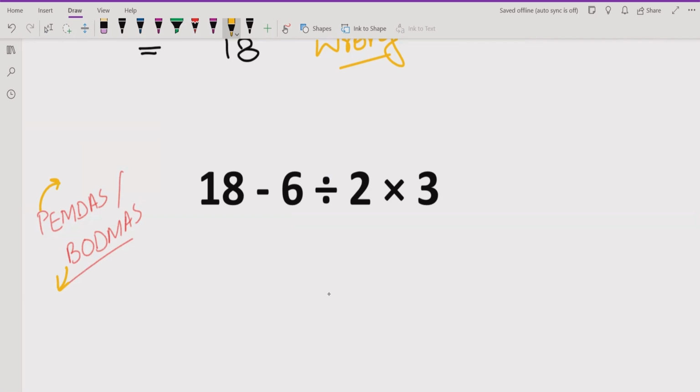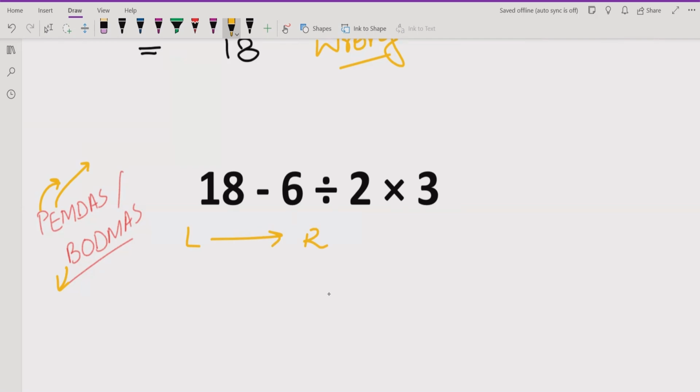In this expression, we do not have any parenthesis, or any square, round or curly bracket, so we can skip this step. After that, we see if any exponent, like a power, or any root is coming in this expression. Going left to right, there is no power or root in this expression.